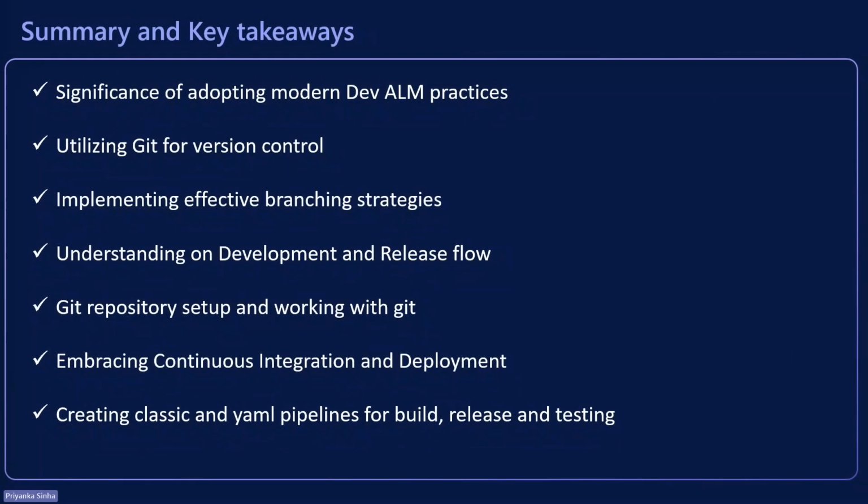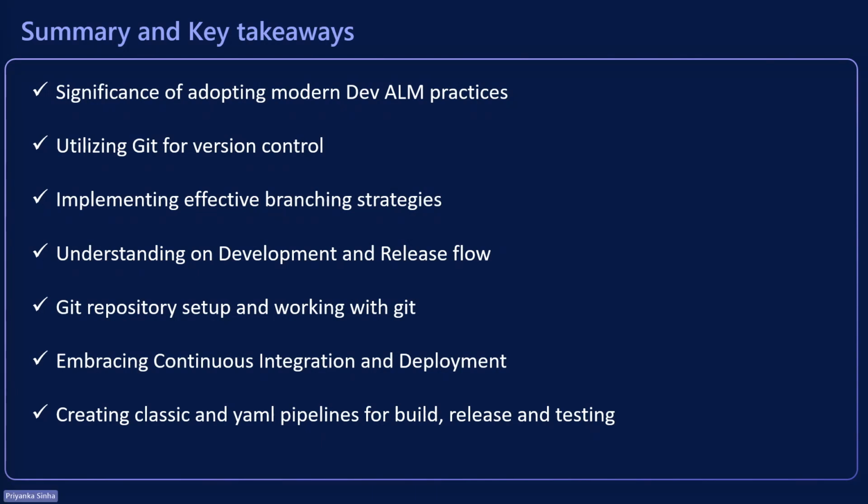As we wrap up our session, the main key takeaway is the importance of fully understanding the Unified Dev ALM from start to finish and embracing Git for version control. We also touched on the branching strategy, emphasizing that it should be tailored to meet the project need and facilitate various development and testing environments.